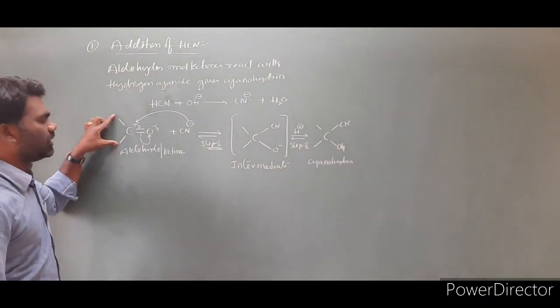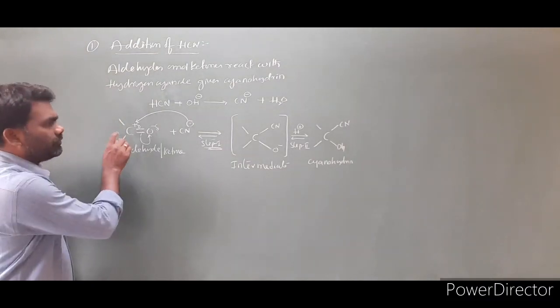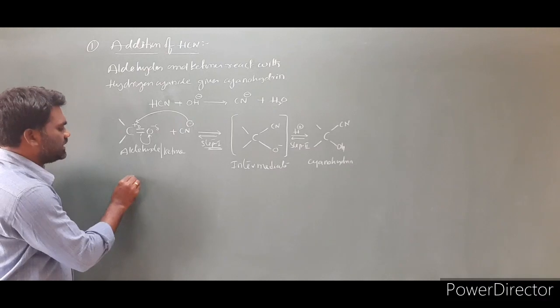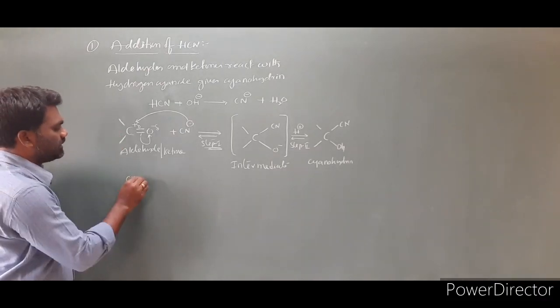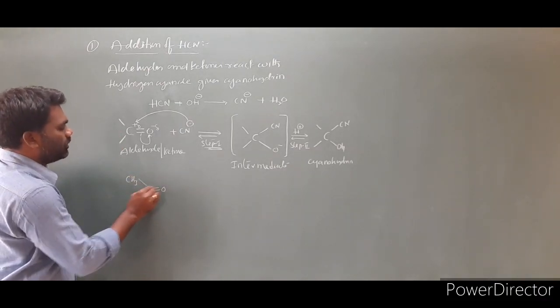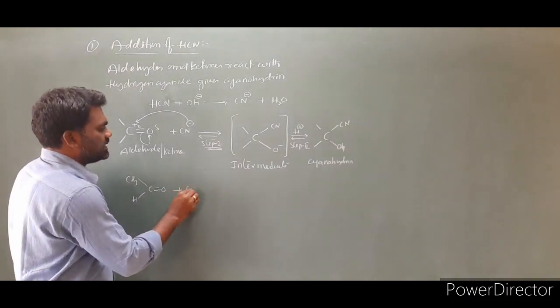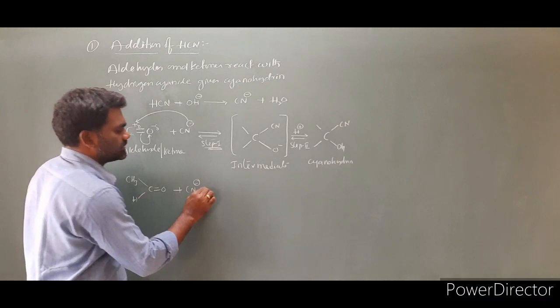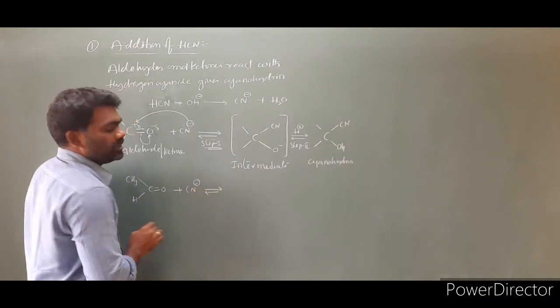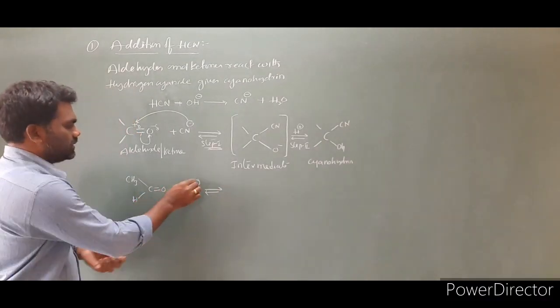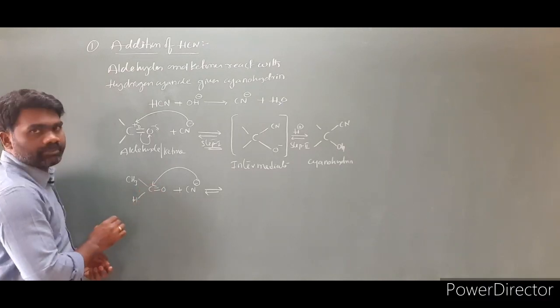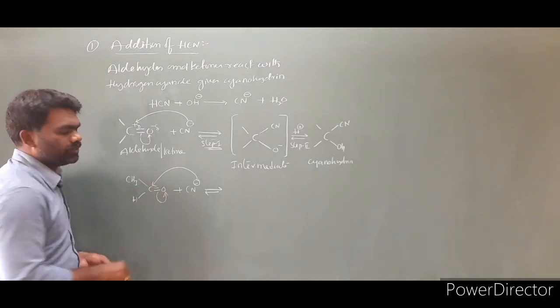First I am taking an aldehyde. Instead of taking a ketone, first I am taking some aldehydes. CH3, C double bond O, and here hydrogen, plus CN minus. Step number 1 is what? This CN minus attacks this carbon. As a result, this bond moves towards oxygen.